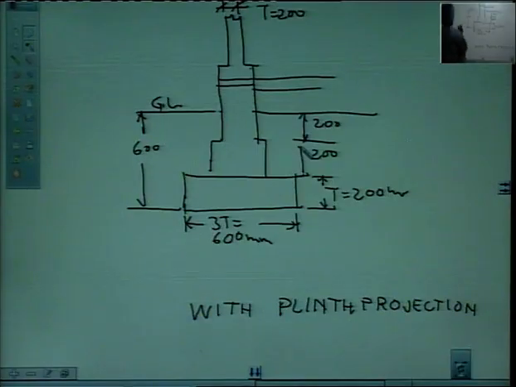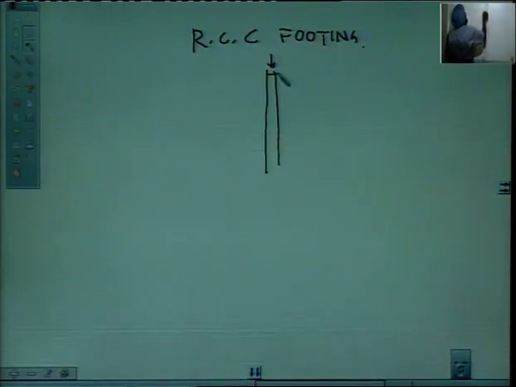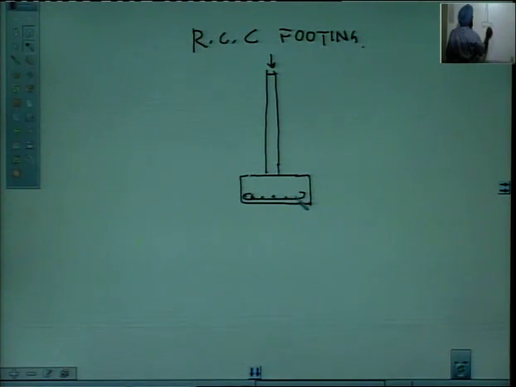Then we are having reinforced concrete footing, R.C.C footing. Load is coming from this wall like this one, and you just place a concrete block like this one and place some bars which will take up the bending moment at this section.